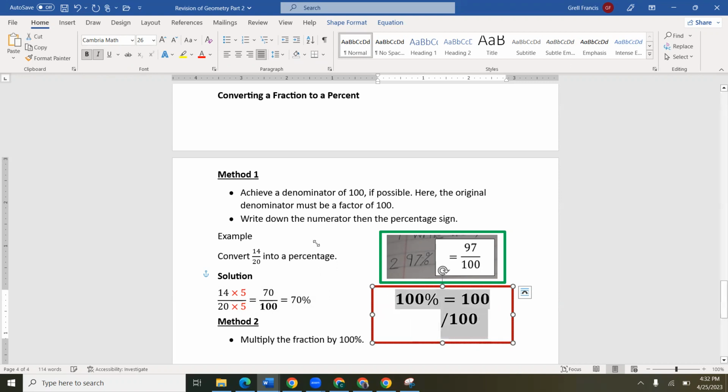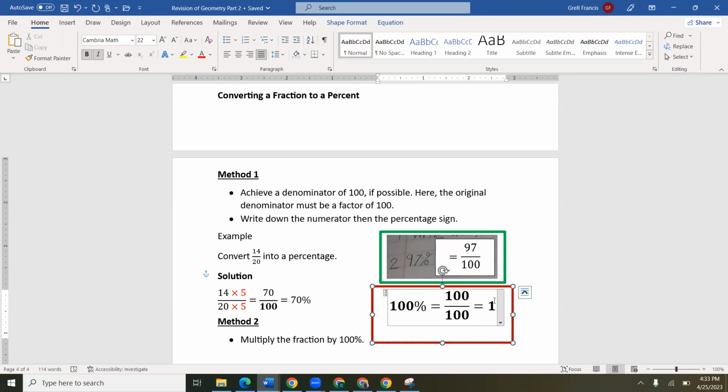That line and 2 circles is another way of writing 100, but you just have to put it under. That's the per 100. So 100% is 100 over 100, and 100 over 100 is 1, so 100% is actually 1.